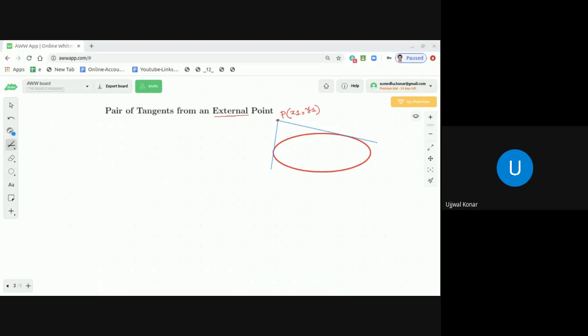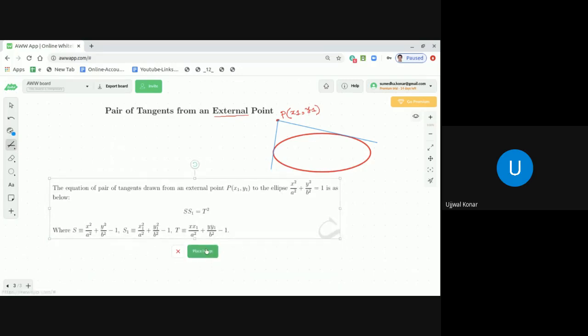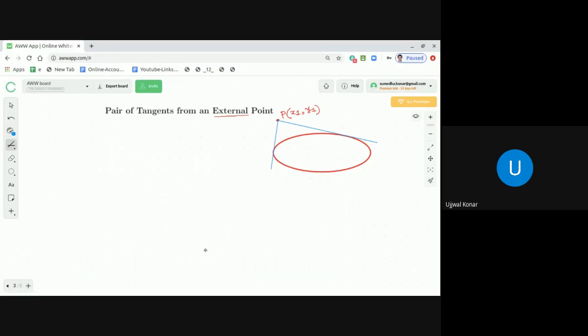So what are the two things we are aware of? One is the equation of the ellipse, which is the standard equation x square by a square plus y square by b square equal to 1. And a fixed point which is external to the ellipse, with coordinates x1, y1.